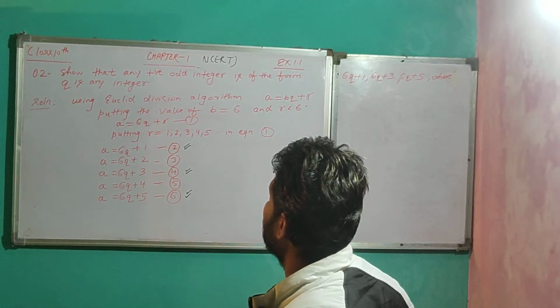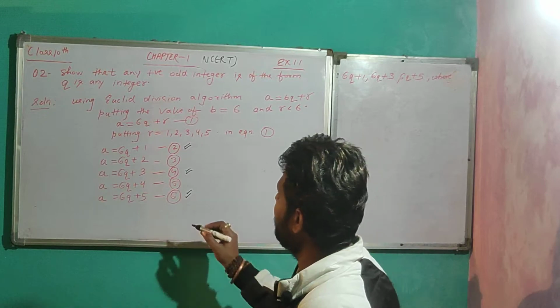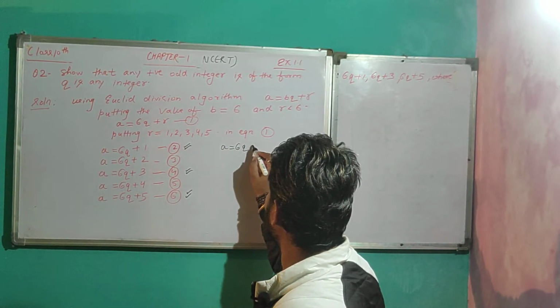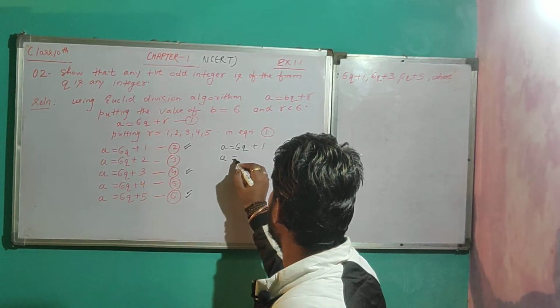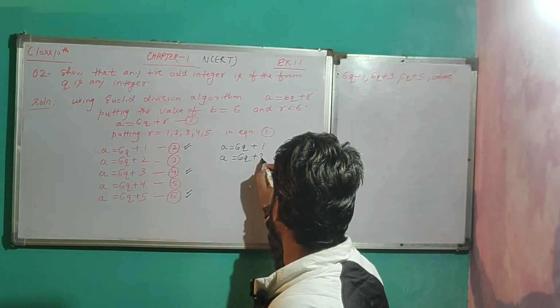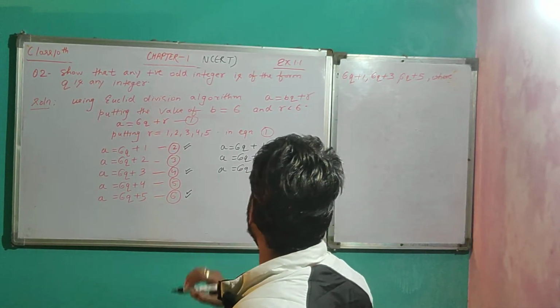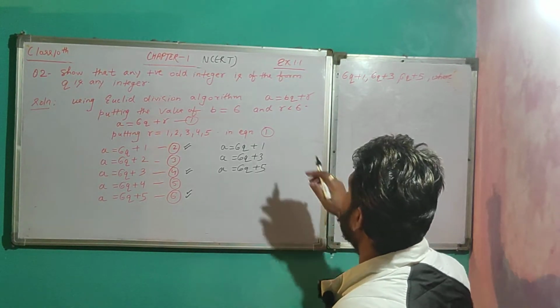From here you can see A is equal to 6q plus 1, A is equal to 6q plus 3, and A is equal to 6q plus 5.